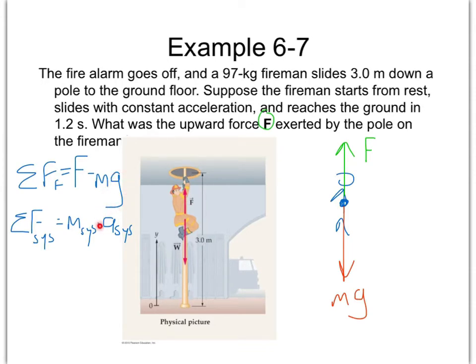No, he's going to fall to the floor at some other acceleration, because that's the whole point of a pole. The pole reduces your acceleration to the floor so you don't break your legs. So this is how we would set up that problem. The mg, the downward weight force caused by gravity, is pulling him down, and there's some other force possibly acting against him right there. That's our example 6.7.